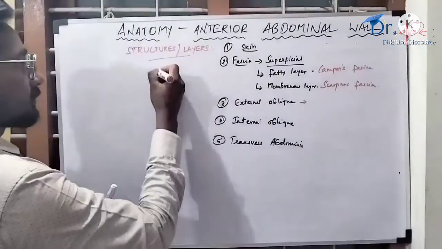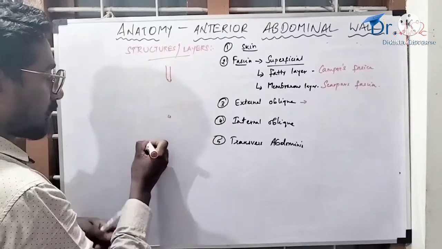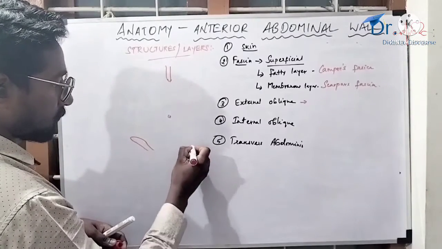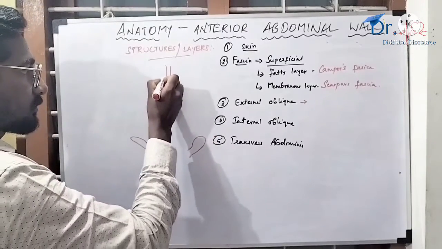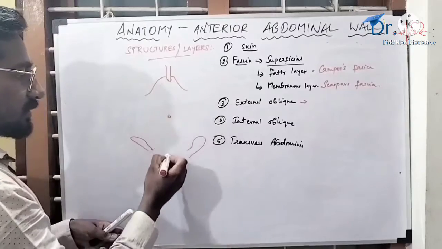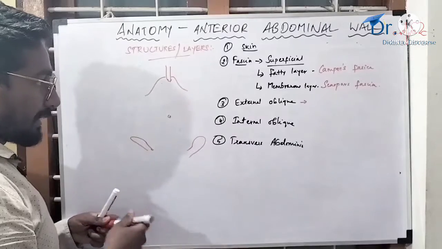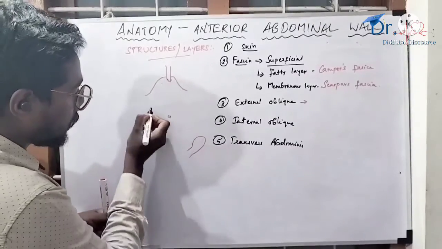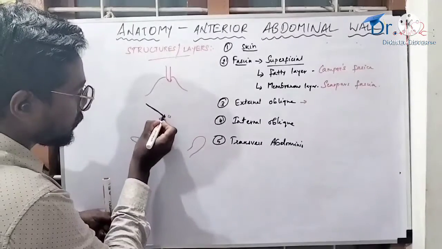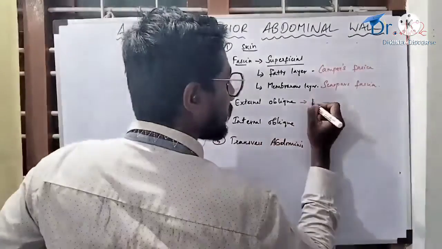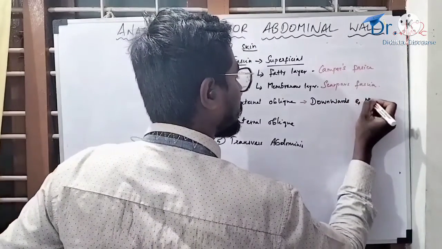Considering this as the sternum, the umbilicus, and the pelvic girdle here, and considering this as the anterior abdominal wall, you have the external oblique running downwards and medially.